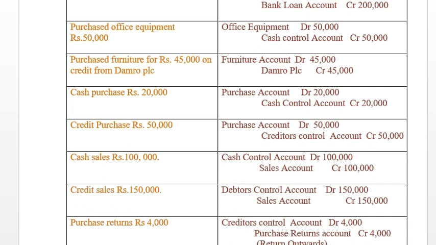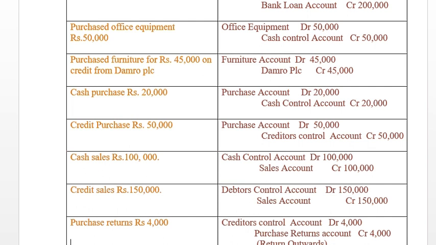But here we can't credit the cash control account. Why? Because in the earlier transaction, we settled the total amount by cash. But here we purchased furniture on credit basis. So the relevant creditor should be credited. Relevant creditor means here the Damro PLC account should be credited.